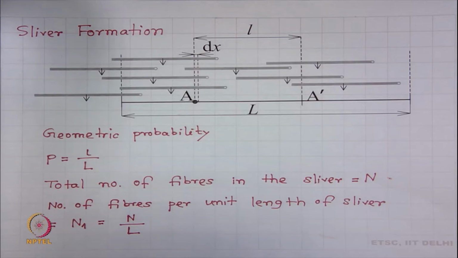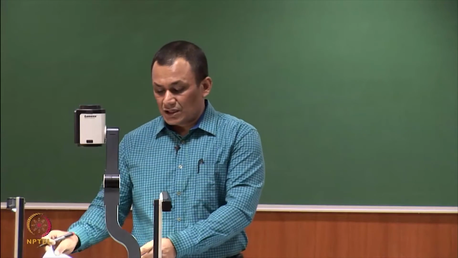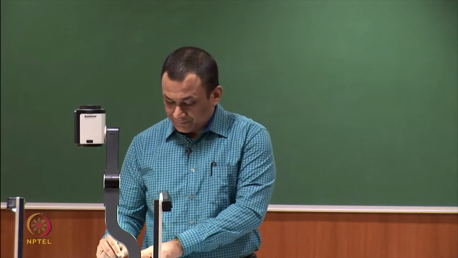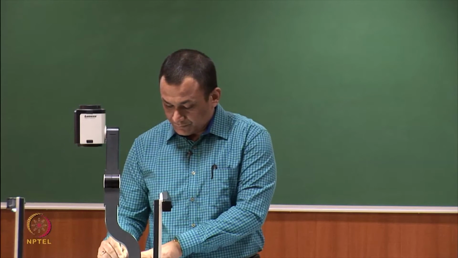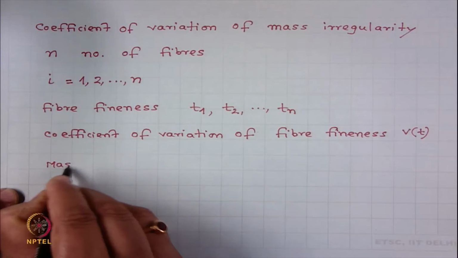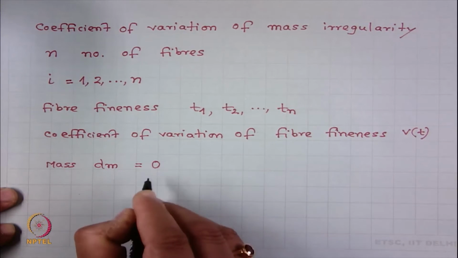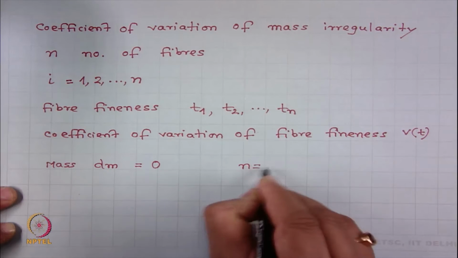So, let us denote this small mass by dm. The mass dm can be 0 if there is no fiber, when n is equal to 0.